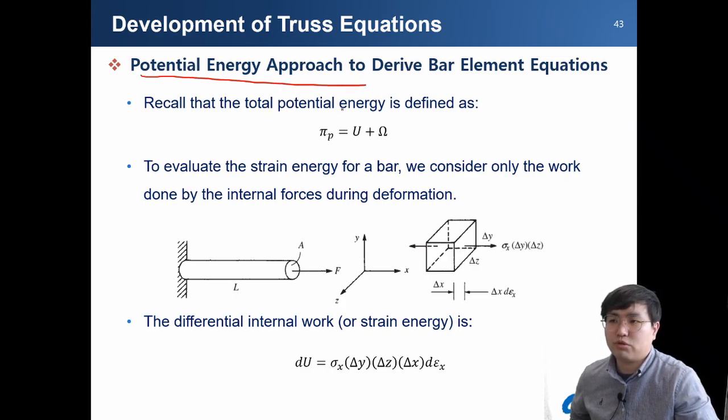I think we already discussed the total potential minimum approach method, so we are going to use this approach again. The total energy is a summation of the internal energy and the work done by external forces. When a solid structure experiences some deformation, that solid structure can store some internal energy, like a spring.